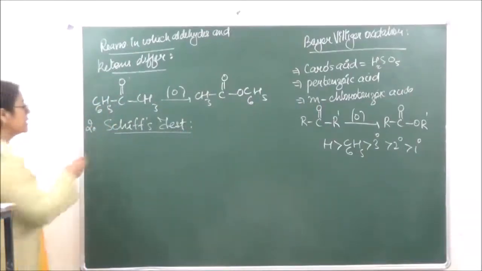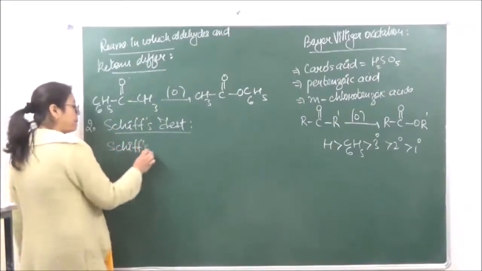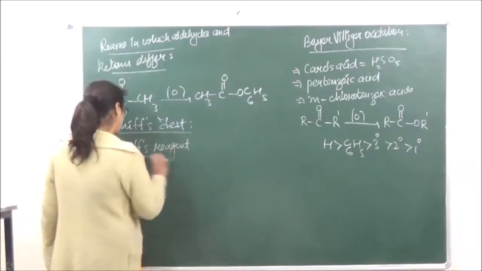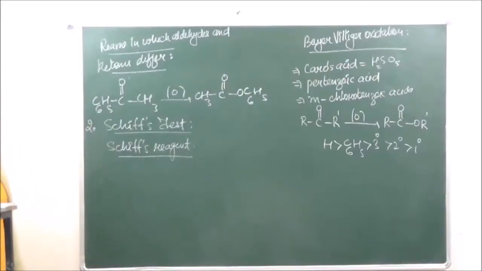Now what is Schiff's reagent? It is a dilute solution of para-rosaniline hydrochloride.